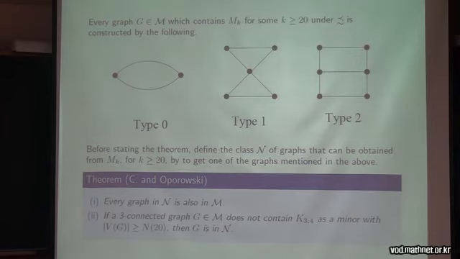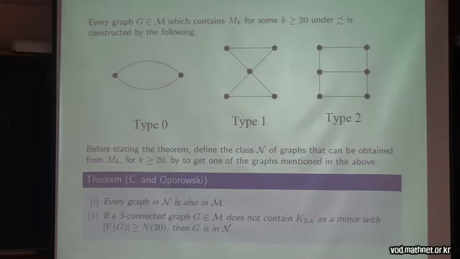And this is the only way to make the big graphs in the class M. So, except finitely many graphs, finite, but the finite number is really big, but except those finitely many graphs, we know the structure of the graphs that are minimally non-nearly planar graphs. Those are depending on the Möbius ladder structure.